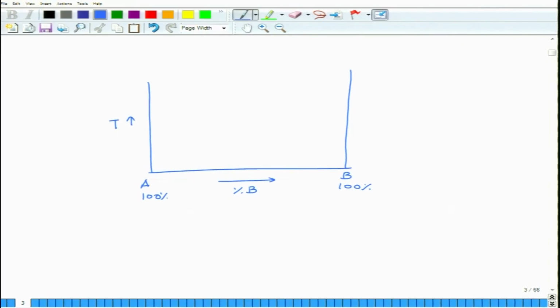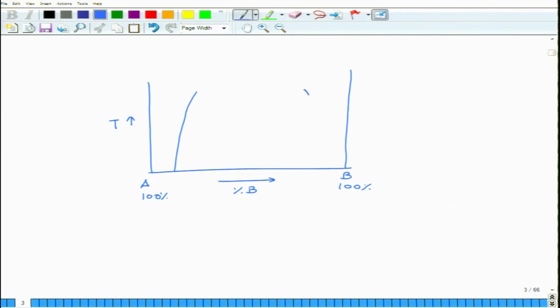Now, what happens in partial solid solubility is that solid solubility typically increases as the temperature increases. This line determines up to which point in composition space the solid will dissolve.